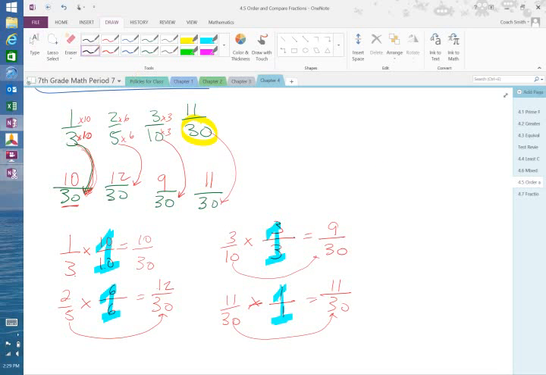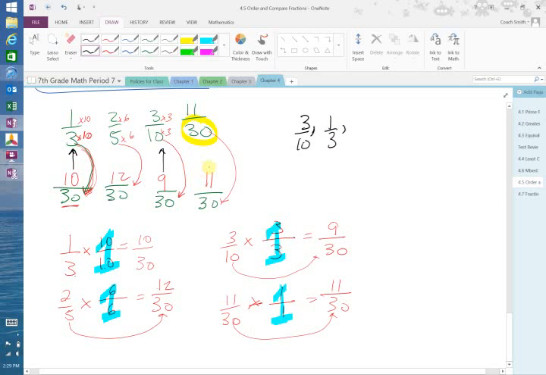Okay? Now, which is larger, 10, 12, 9, or 11? Hang on. What is the smallest between 9, 10, 11, and 12? 9. So this is the smallest, so that fraction is 3/10. The next smallest is the 10 on top, and that represents 1/3.